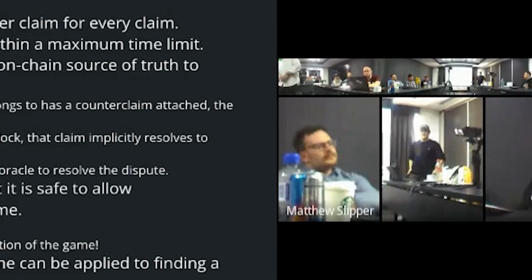So you could have multiple false counterclaims against a root claim, but that root claim is the core of an individual game. Whenever you create a root claim and somebody counters that root claim, that's what actually starts the game. We'll get into that in the next slides, but those root claims represent completely different games from one another. Is that what you were looking for, or is there anything else there?